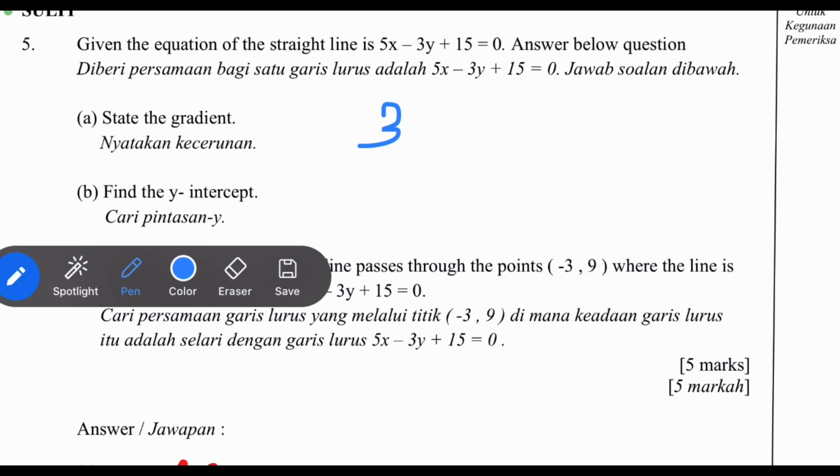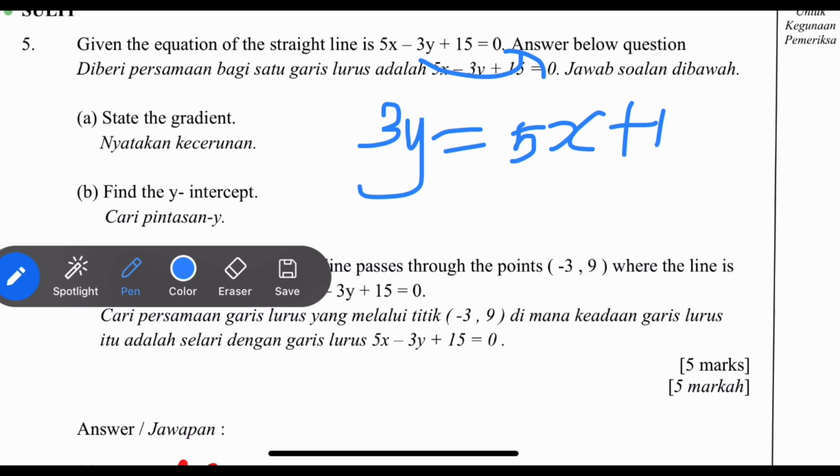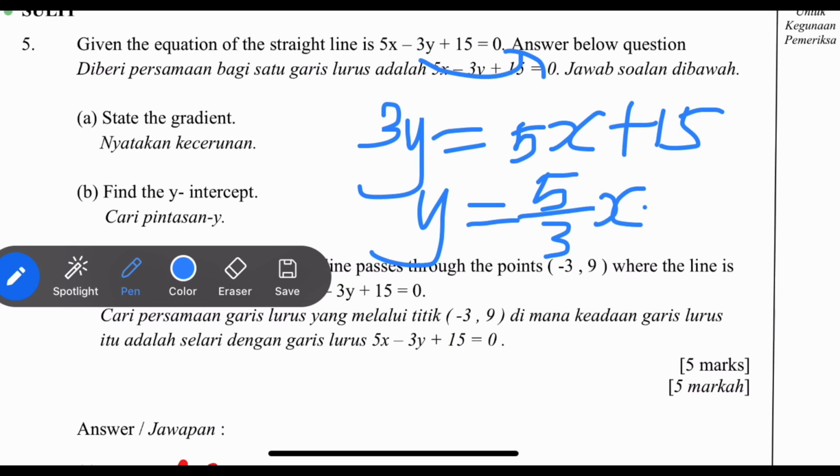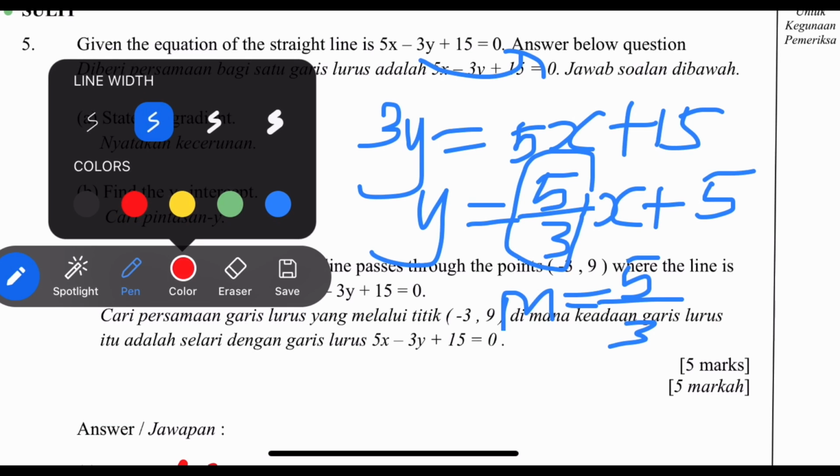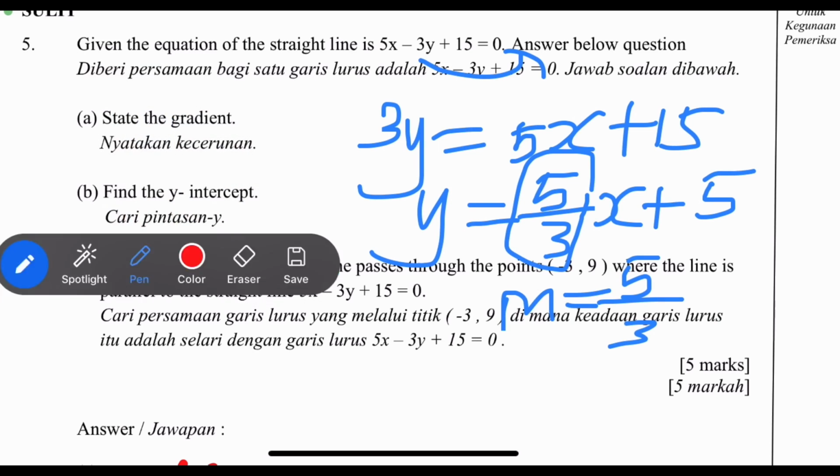Very easy, right? For the gradient, you just express y in terms of x. So you have to bring the y to one side and make y stand alone as the subject. You have to divide by 3, so y equals 5 over 3 x plus 15 over 3.